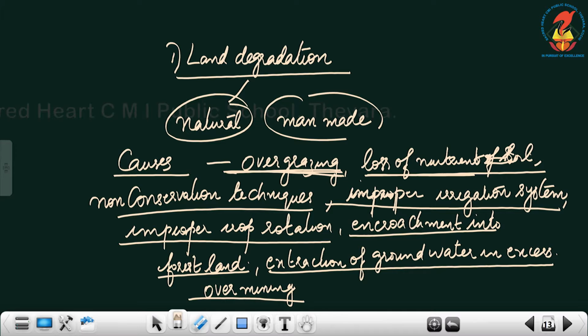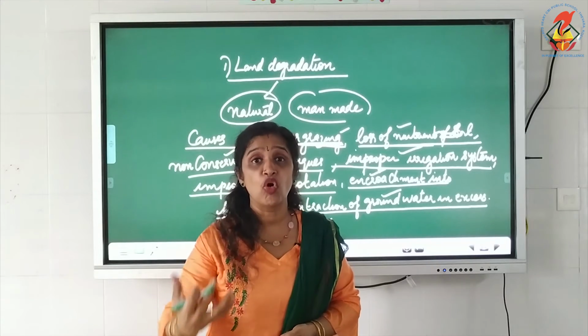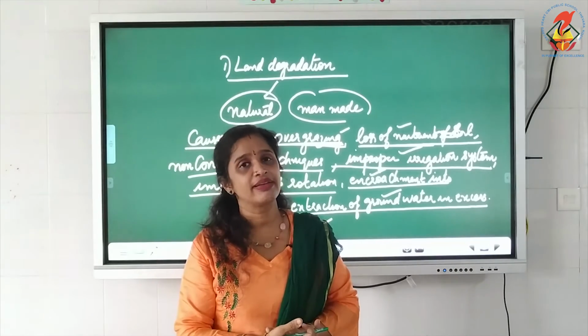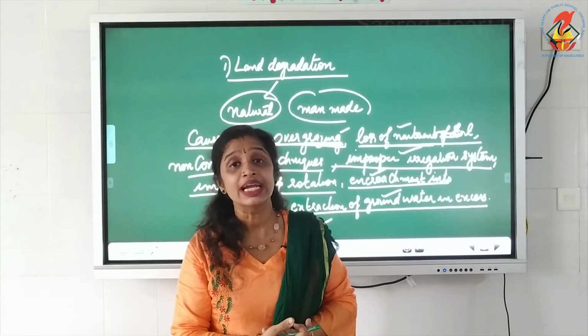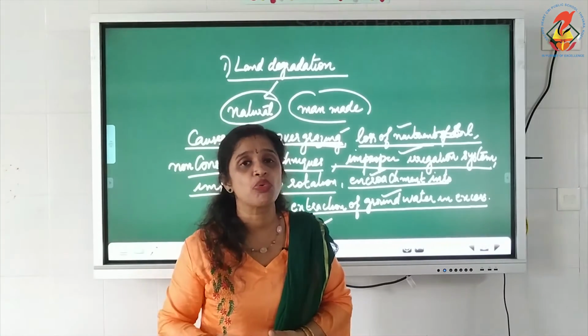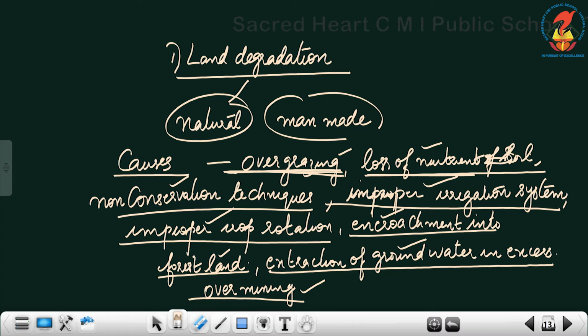They are overgrazing, then loss of nutrients of soil because of non-conservation techniques, improper irrigation system, improper crop rotation, encroachment into forest land, extraction of groundwater in excess, and over mining. So, over mining, even over irrigation, all these can create land degradation. It can degrade the quality of the land.